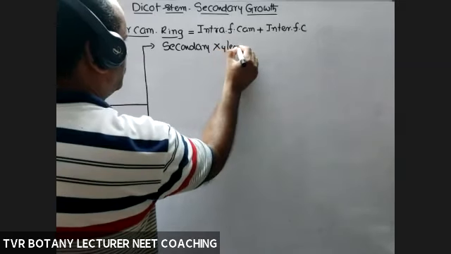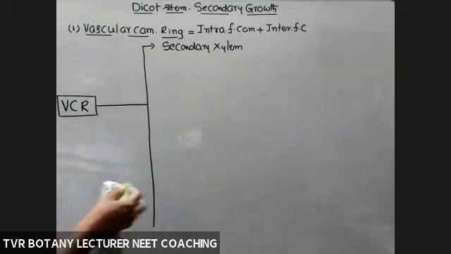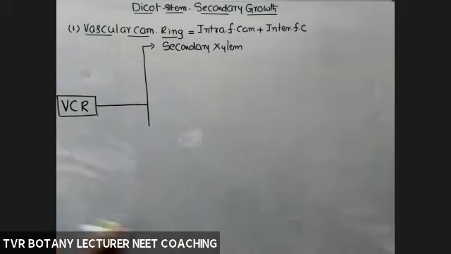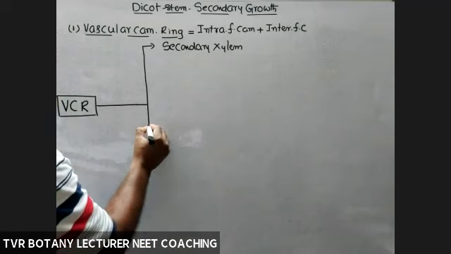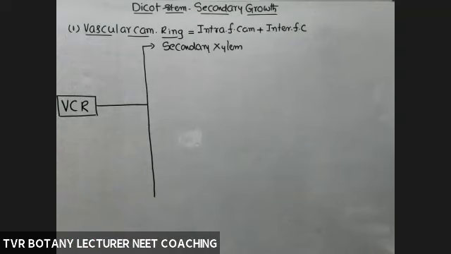Secondary xylem. During the formation of secondary xylem, as usual, tracheids, vessels, xylem parenchyma, and xylem fibers, all these are produced. And it is produced towards inside only. Once secondary xylem is produced, what about the fate of the primary xylem?